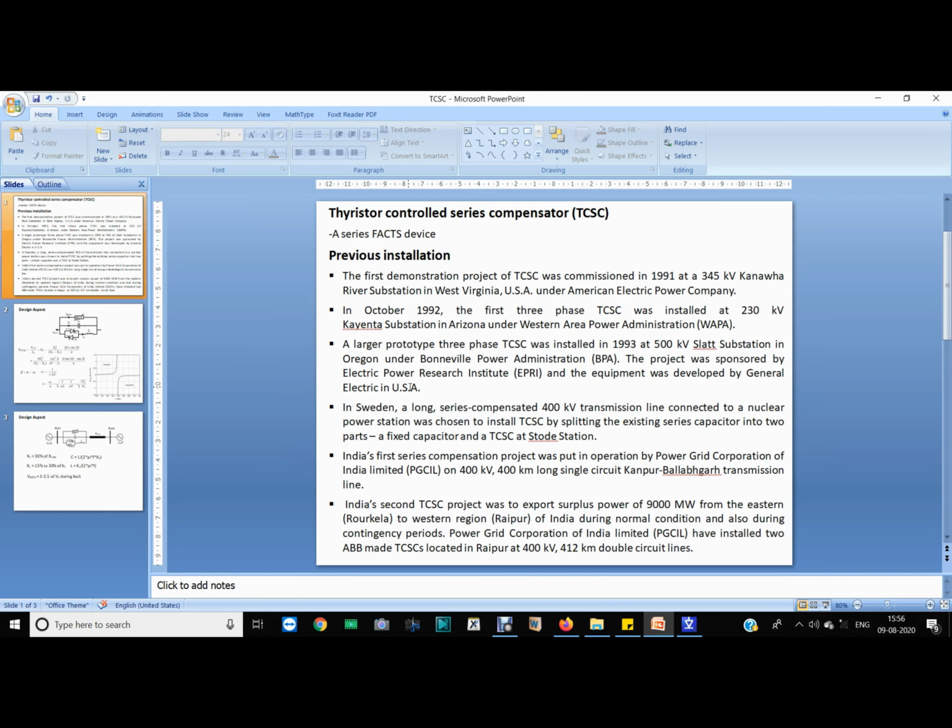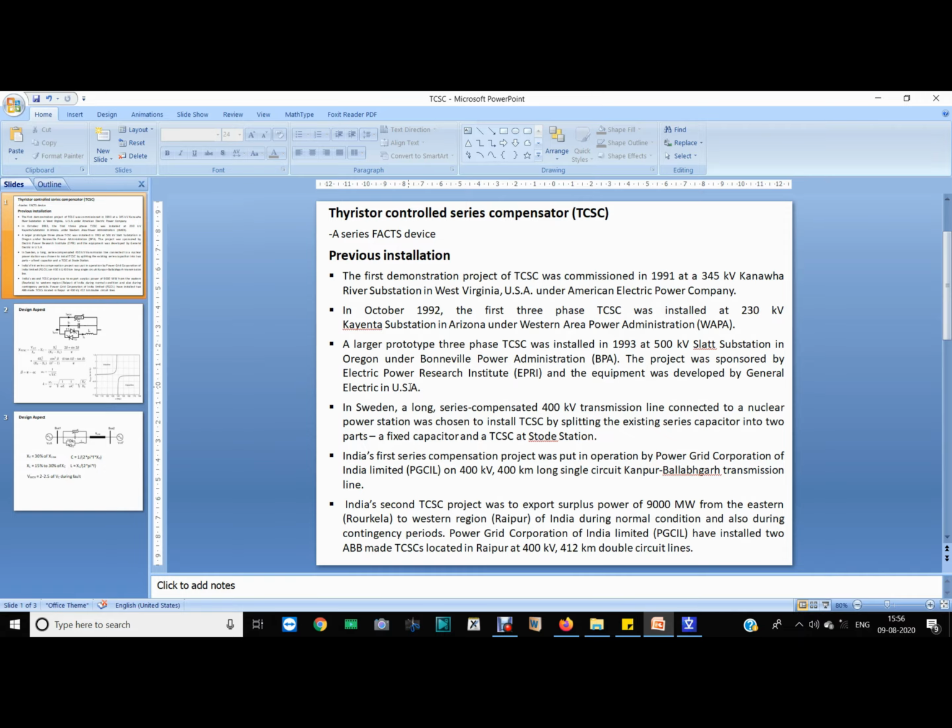In 1993, General Electric and EPRI collaboratively commissioned a project for a three-phase TCSC at a 500 kV substation.